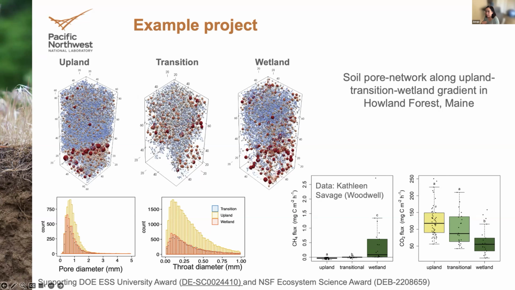The nice thing about this design is that we have an upland, transition, wetland gradient, where their moisture is different, but likely their pore network and pore connectivity are drastically different as well. So we are hypothesizing that these differences in the pore network, like the throat diameter and the pore diameter, would control the diffusion processes, and eventually these controls should be reflected in the surface flux measurements.